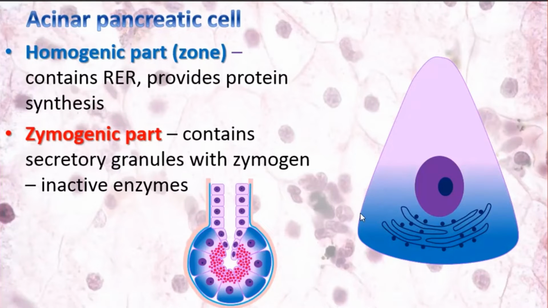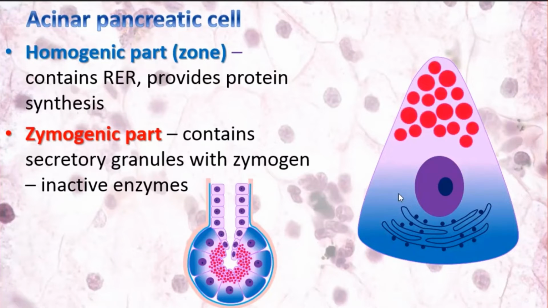This zone is called homogenic zone. It contains rough endoplasmic reticulum and it provides protein synthesis. After the protein synthesis in the basal part of the cell, proteins are carried to the Golgi apparatus, and after that to the apical pole, where zymogenic granules are formed.